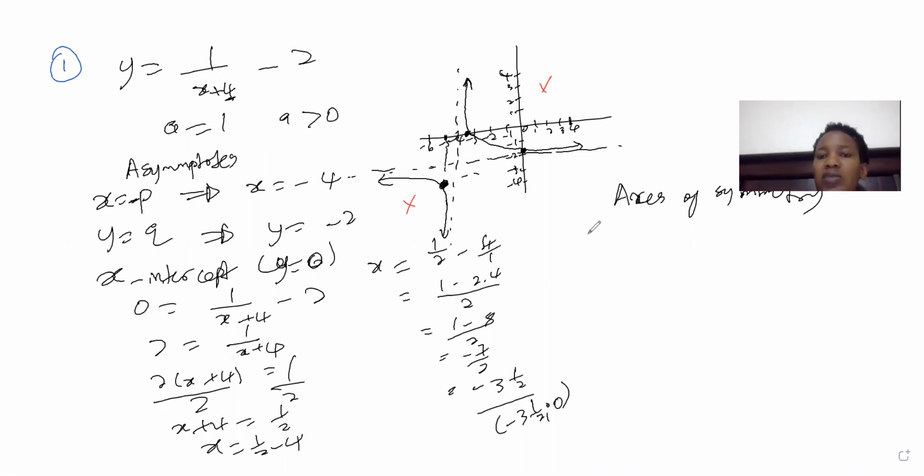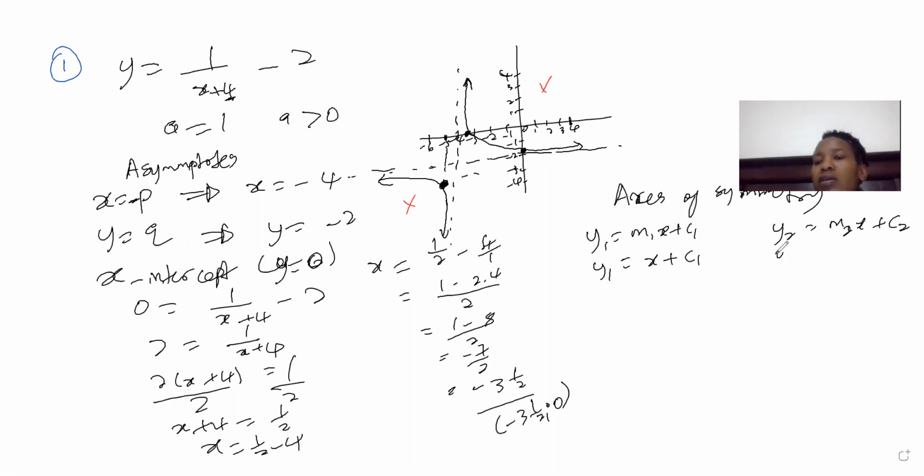We said y1 is m1x plus c1, y2 is m2x plus c2. But we said the other m is 1, the other one is negative, standard. Negative x plus c2. Therefore, now we take our p and q. We have negative p and q, which is actually -4, -2. We substitute them in there.